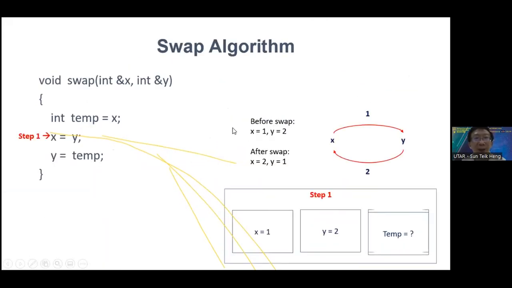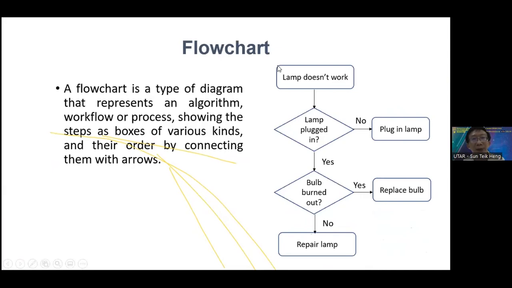So another way of representing it is to use pictures, because people always say pictures represent 1,000 words. That's where we have the flowchart. Instead of just wordings like in the algorithm, we use flowcharts, diagrams, to represent the algorithm.